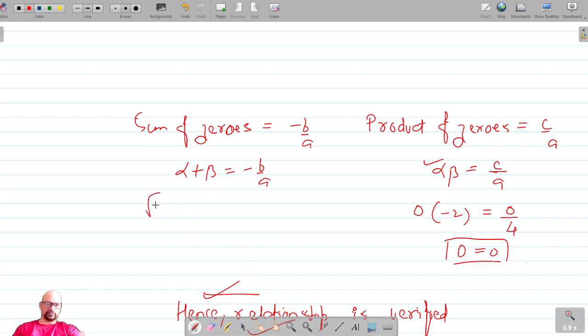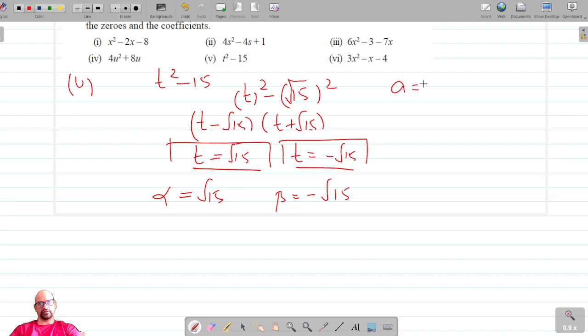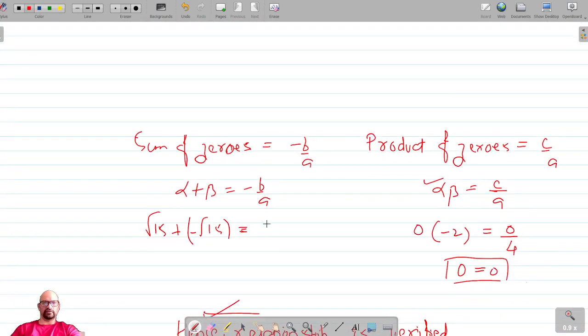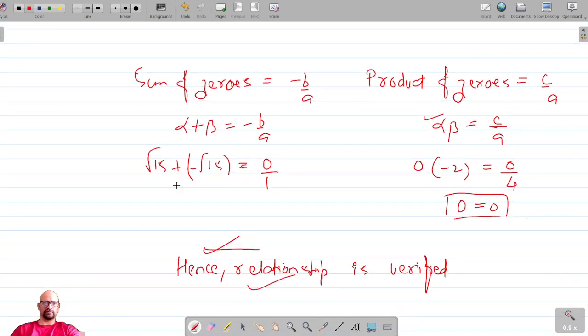Okay, so this is root 15 plus negative root 15 is equal to minus b by a. So in this case, a is equal to 1, b is equal to 0, and c is equal to negative 15. So b is 0, so this is 0 by a, which is 1, which is 0. So this gets cancelled, 0 is equal to 0.